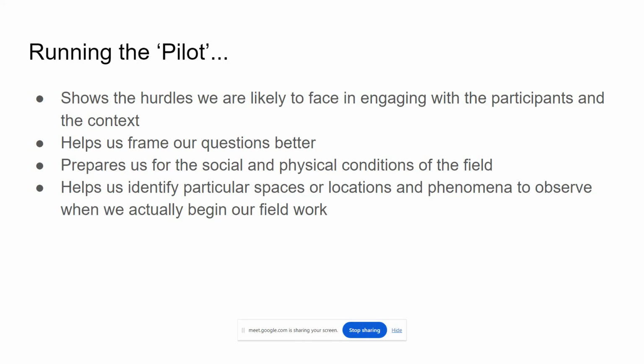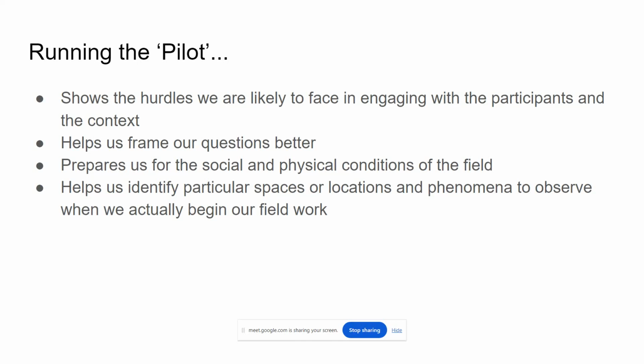Then again, finally, the pilot helps us identify particular spaces or locations and phenomena to observe. Sometimes, like in the slum example, you think that going to the slum area altogether will give you an in-depth idea about the children that you are trying to research.